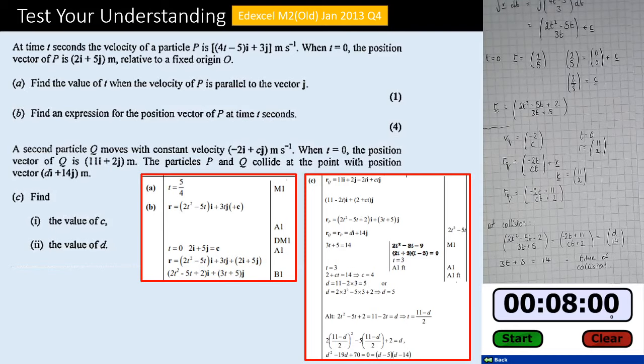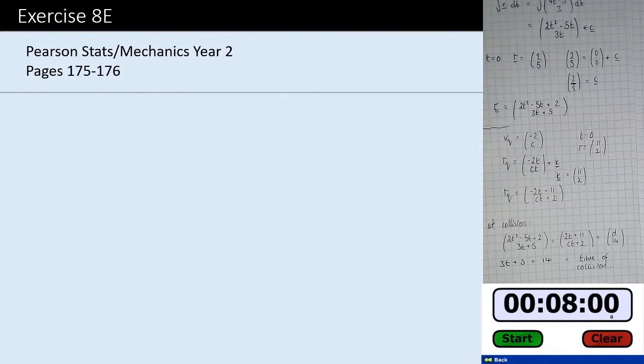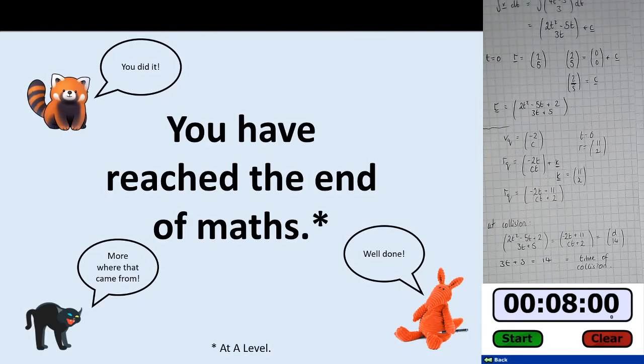Right, and then you can finally breathe a sigh of relief. Because, short of an exercise, you have reached the end of maths at A level. And you can give yourself a round of applause.